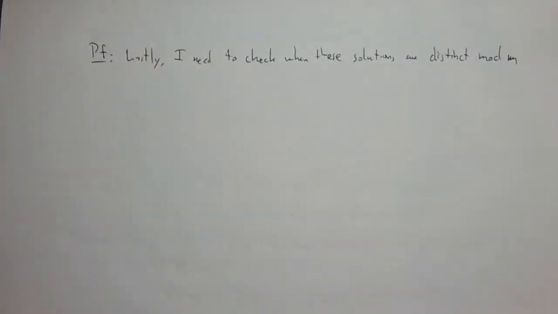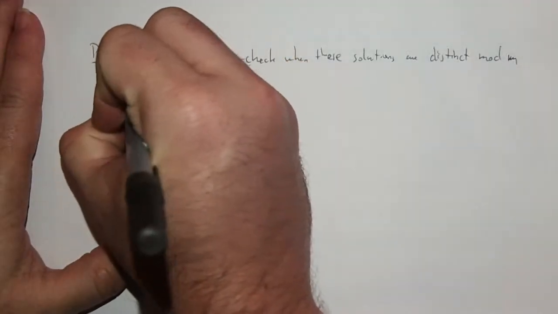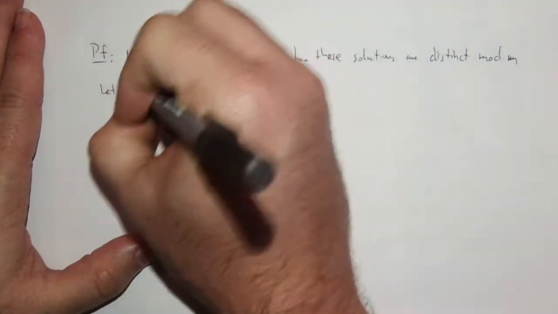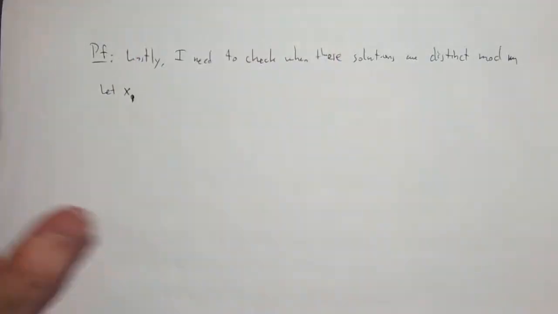Well, this is a bit like checking for uniqueness, except I'm not quite checking for uniqueness in the sense of the solution to some equation. I'm checking for uniqueness or distinctness mod m, right? And so in order to do that, I suppose that I have two different solutions of the same form. So let x, oh, I've already used x naught for my particular solution.